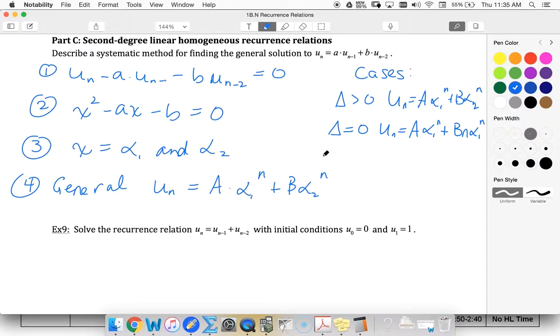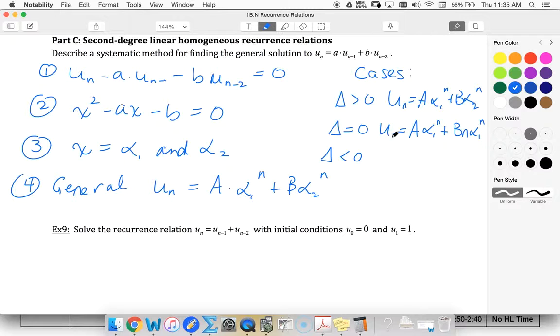In the case where the discriminant is negative, so we have imaginary roots, we can end up writing our solution either in imaginary form or in cis form. And hopefully you remember that from your higher level class. We're going to look back at it, but you can see what that'll look like.